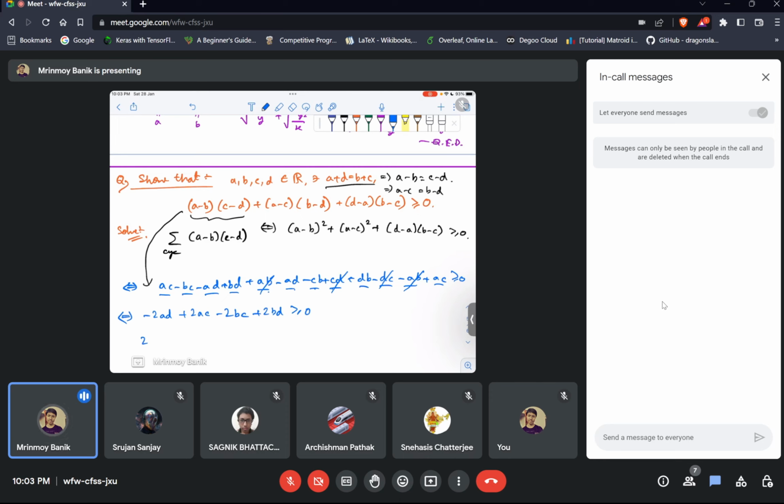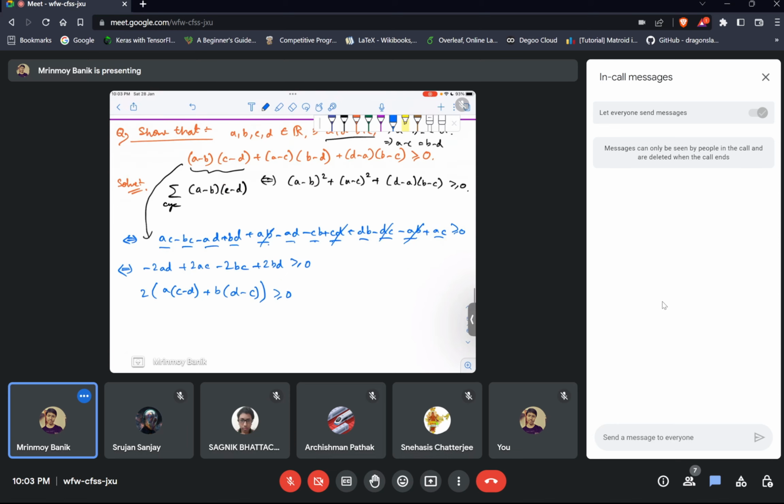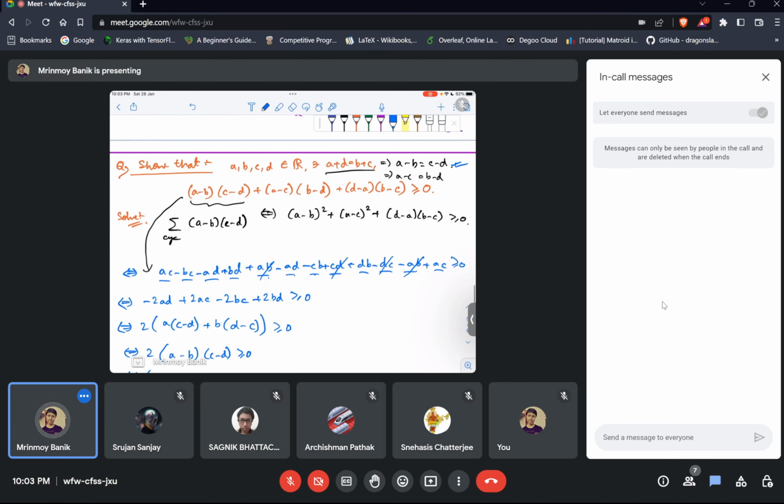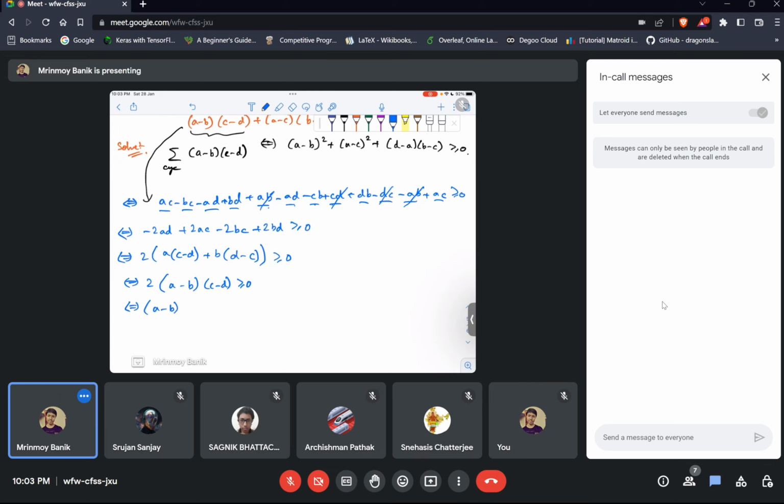Let's see if we can factorize. So 2 is common. You can take common A, C minus D plus B, D minus C. So twice A minus B times C minus D. So if and only if 2 can be cancelled, A minus B is C minus D, and this is true.